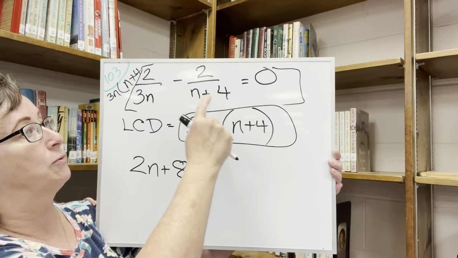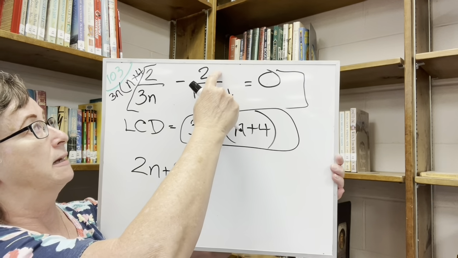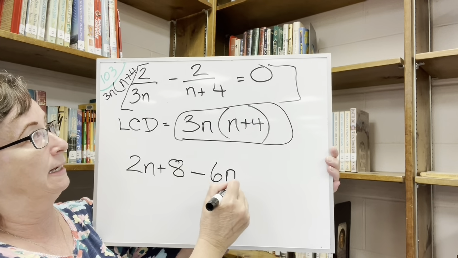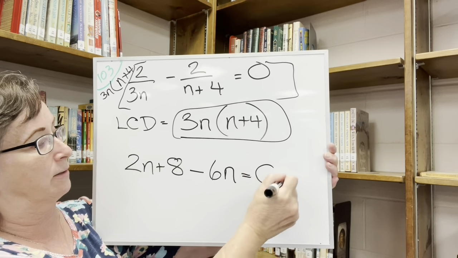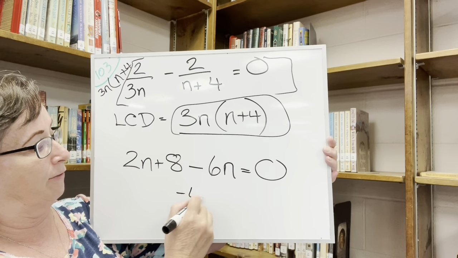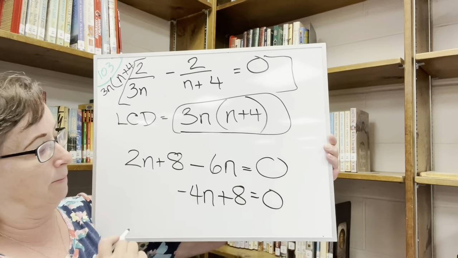Now the n plus 4 and the n plus 4 will cancel, leaving me with a 3n times the negative 2, which would be a negative 6n, equals 3n times n plus 4 times 0, which is still 0. So 2n minus 6n is negative 4n plus 8 equals 0.